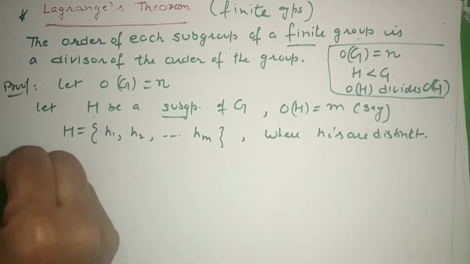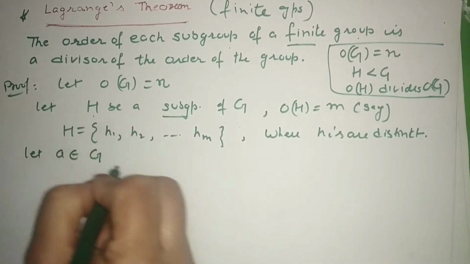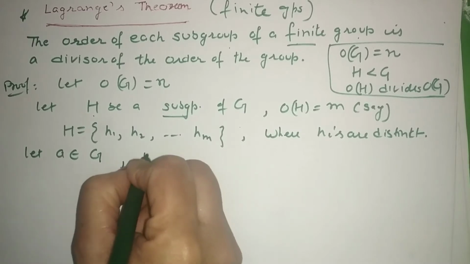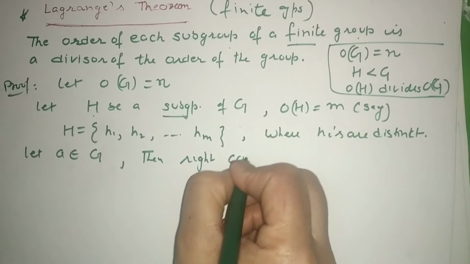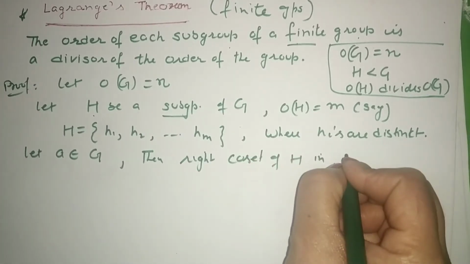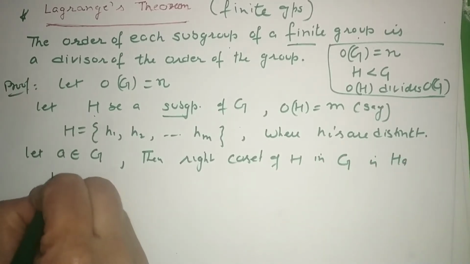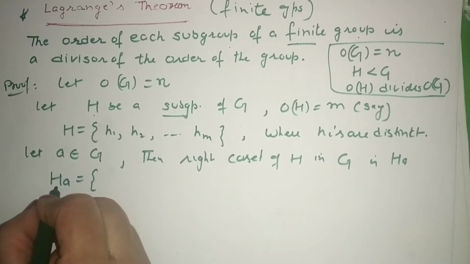Now consider one element a of G. Then the right coset of H in G is Ha. And what are the elements of Ha? The right coset is formed by multiplying the elements of H with a.